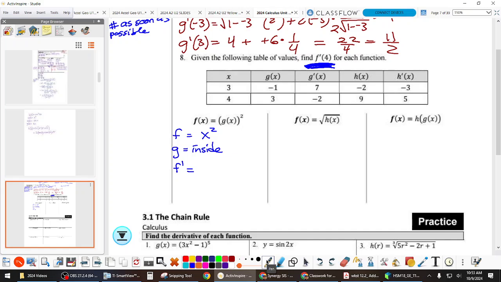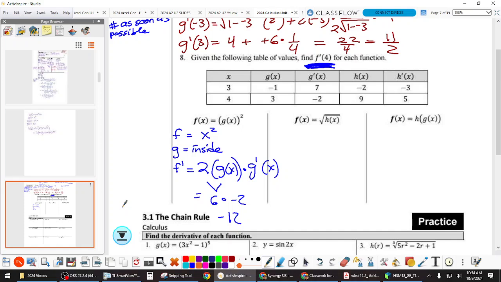So 2 times g of x times g prime of x. Is that better? Yeah. All right, g of 4 is 3, so this is 6. And then g prime of 4 was -2, so -12. There we go. Sorry about that. Okay, how about the next one?